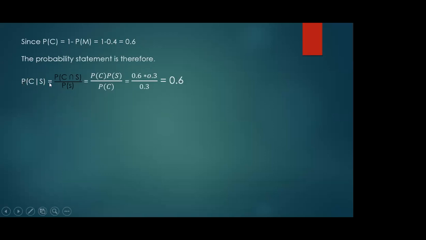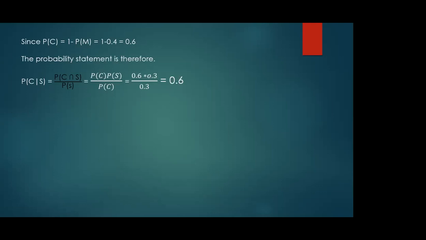Now we can rewrite our formula for a conditional statement as the probability of C intersect S divided by the probability of S. As I said before, the denominator should be the probability of S. But remember that we don't know what the probability of C intersect S is.